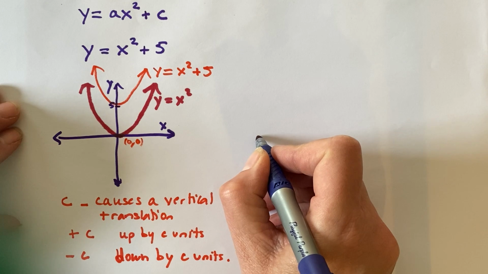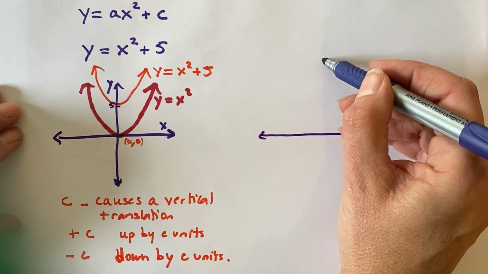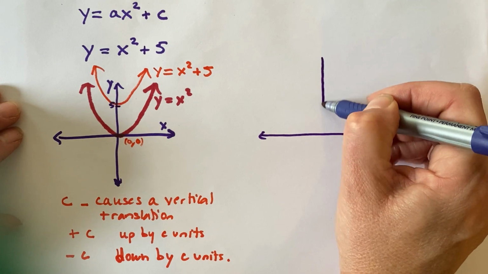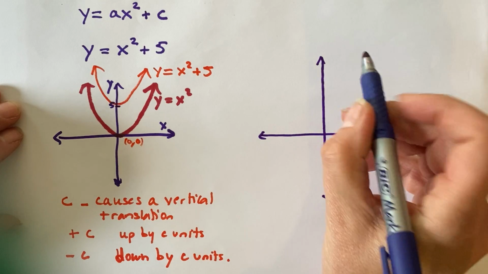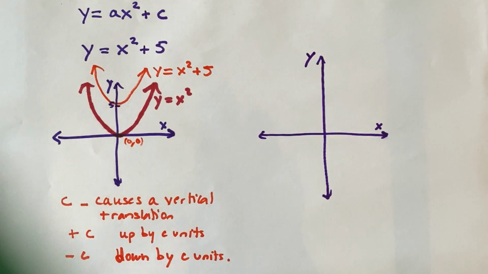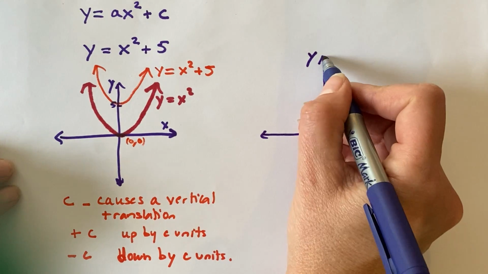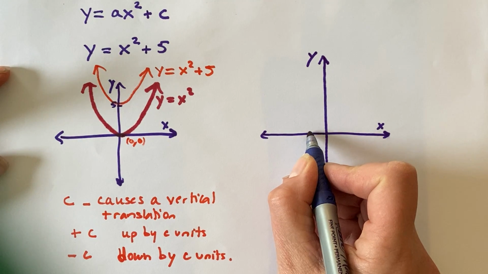So I'm going to draw yet another graph. Here's my x-axis and my y-axis. And I'm going to draw, this time, not just the parent function, but also another function alongside it. And in order to be accurate this time, I want to make sure I draw my points on the graph.